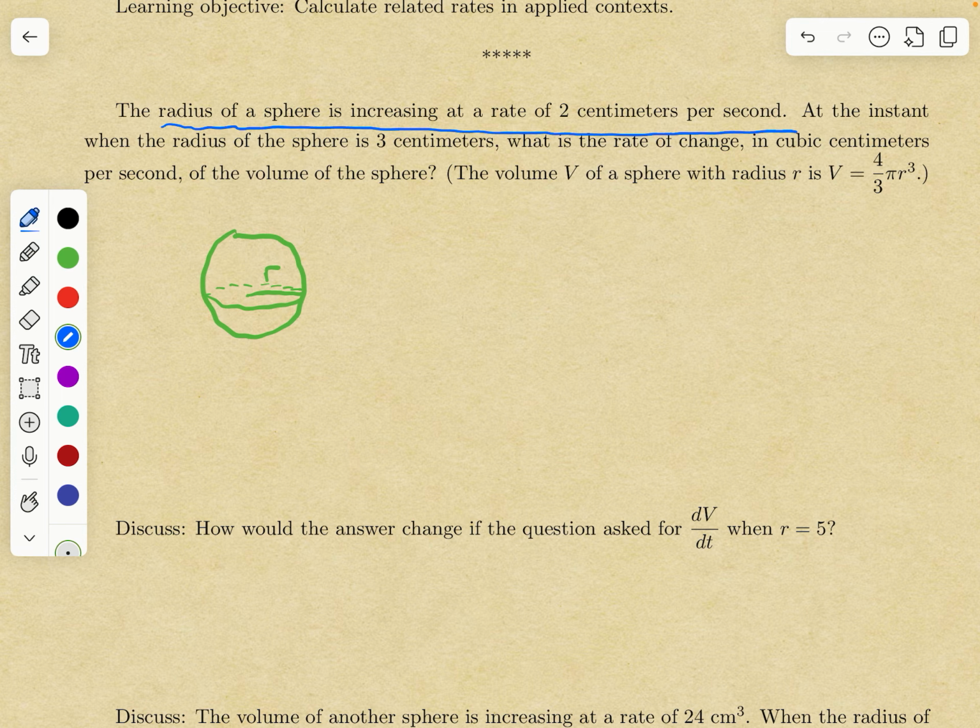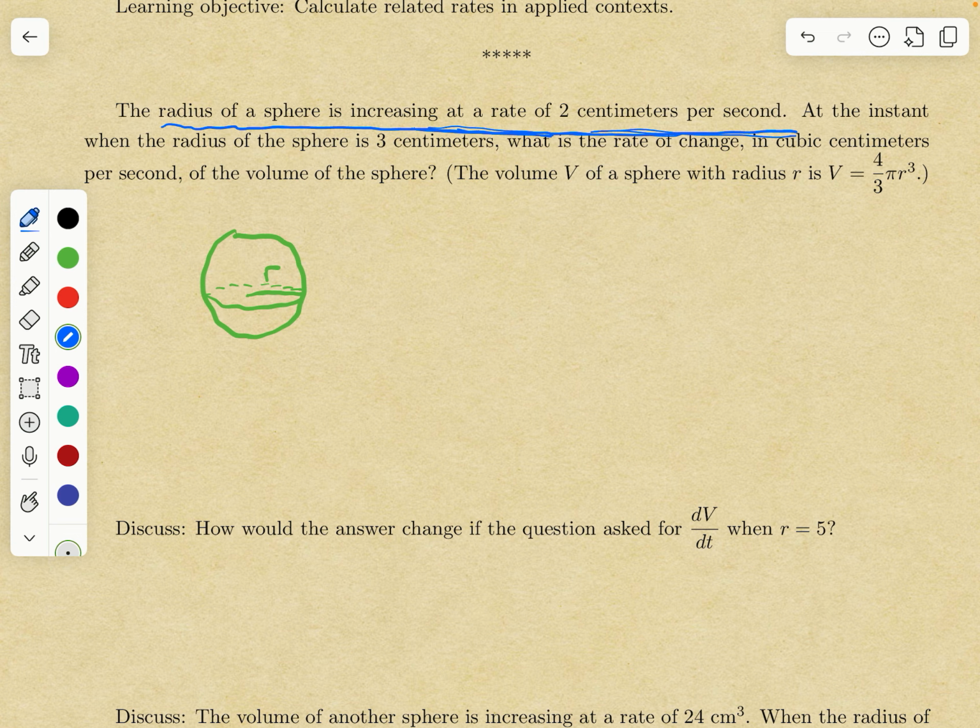So what does that mean in terms of derivatives? When we think it's increasing at a rate, we think of the derivative, right? It's increasing at a rate of 2 centimeters per second means the rate of change, how quickly the radius is changing, 2 centimeters per second.